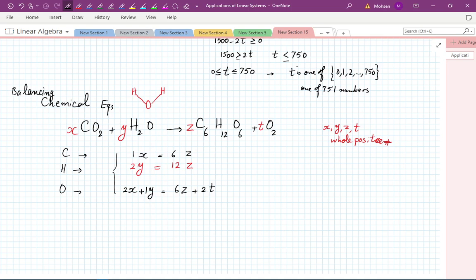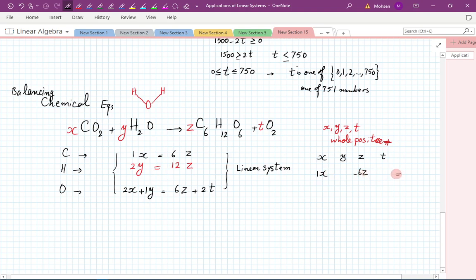Okay, I'm perfectly sure that you had some shortcuts for solving this in high school if you took a course in chemistry, and feel free to apply that. But what we are trying to say here is, look, this is a linear system. If you bring everything to one side, let's write X, Y, Z, T. The first equation reads 1X minus 6Z is equal to 0.